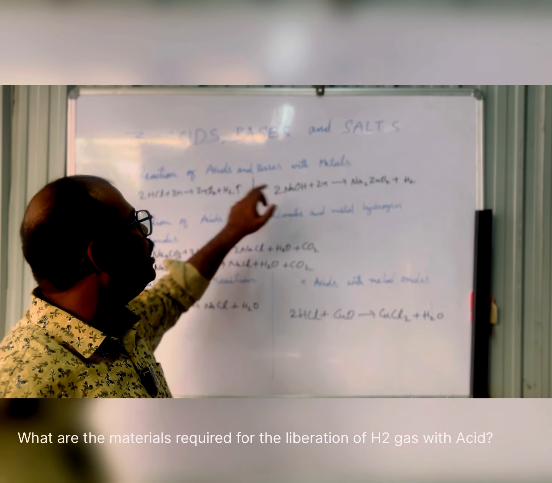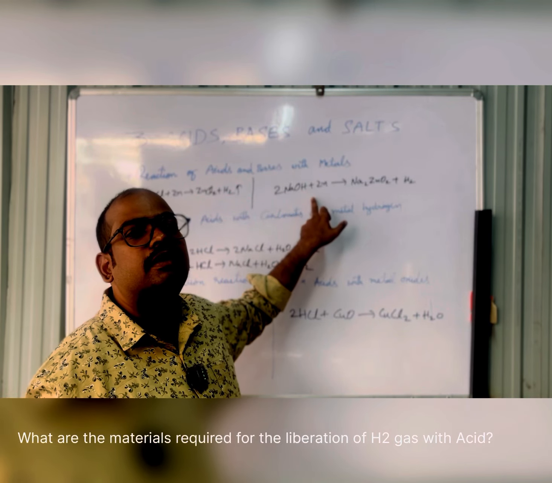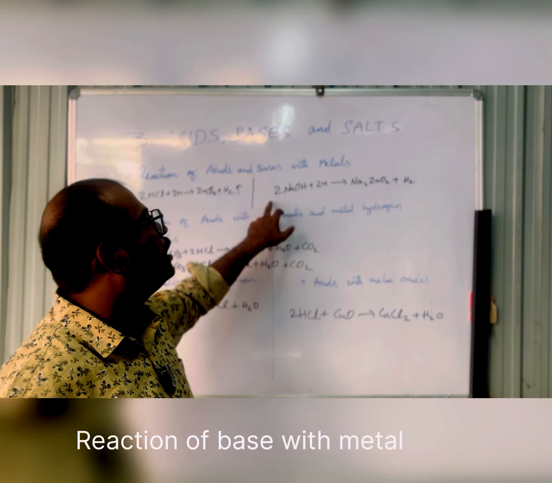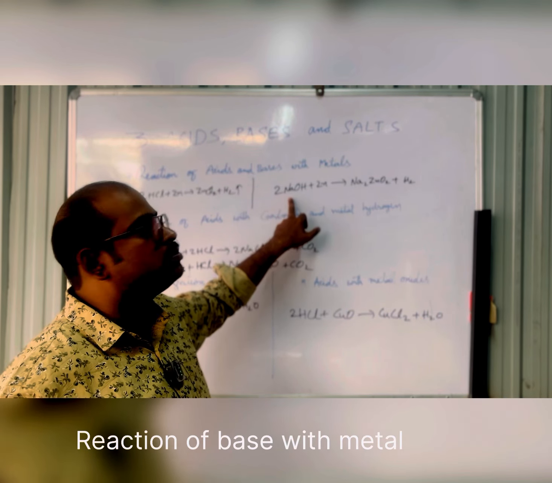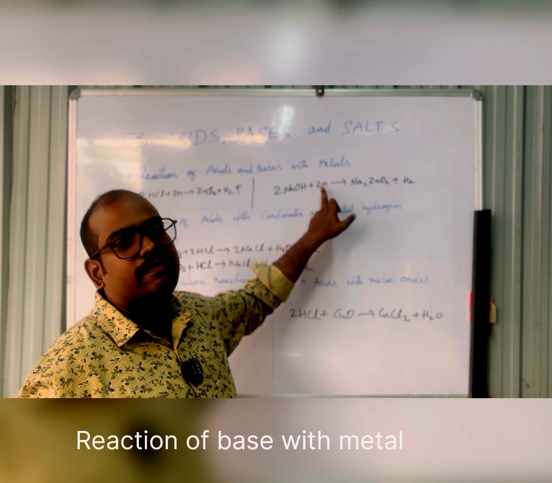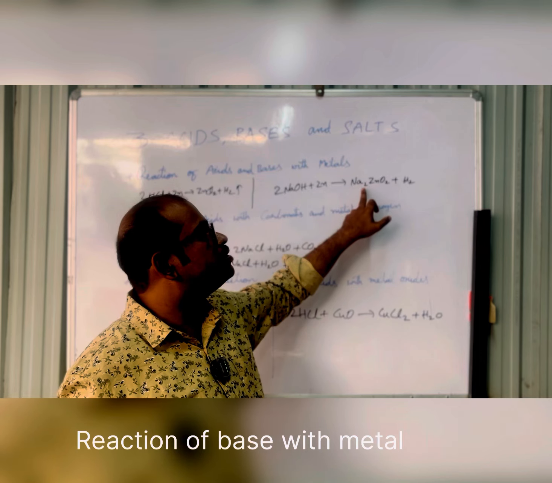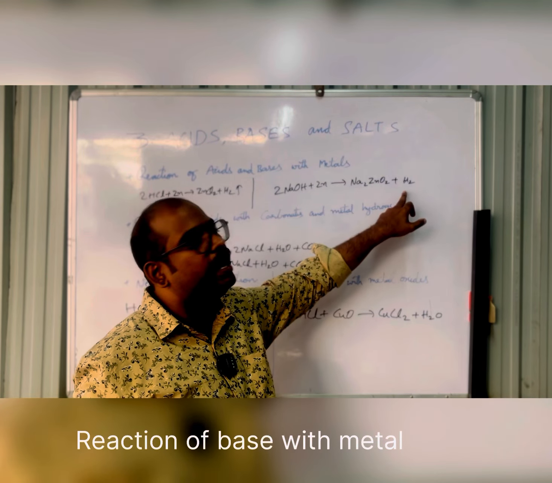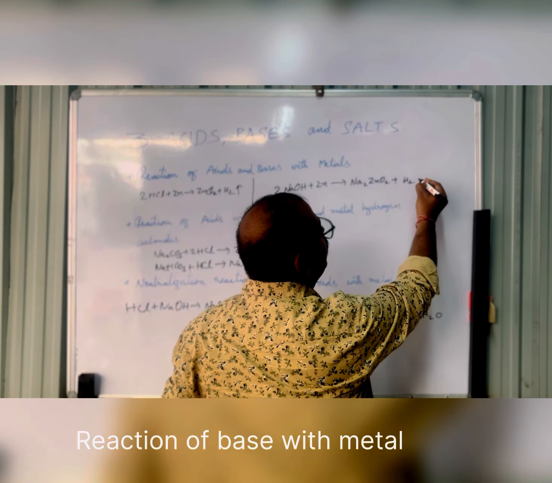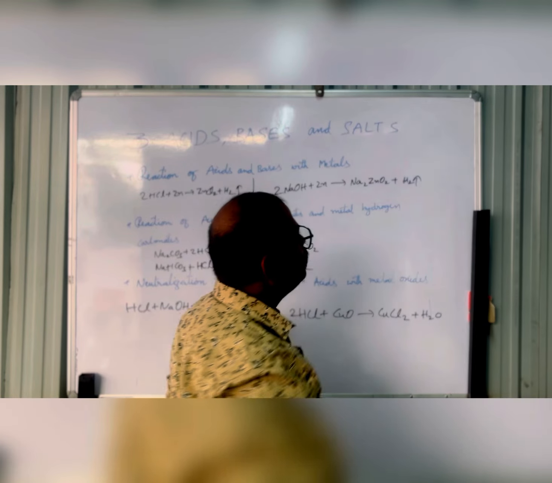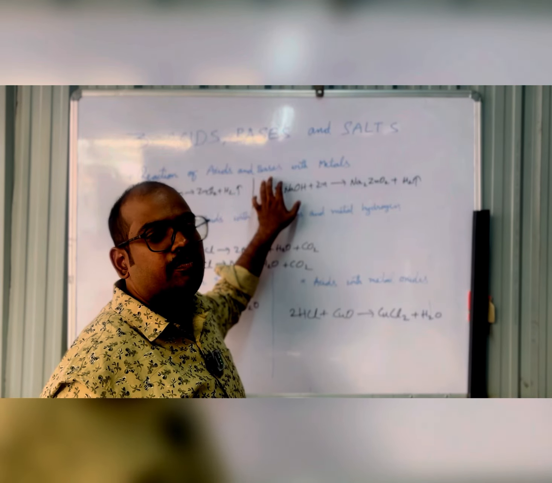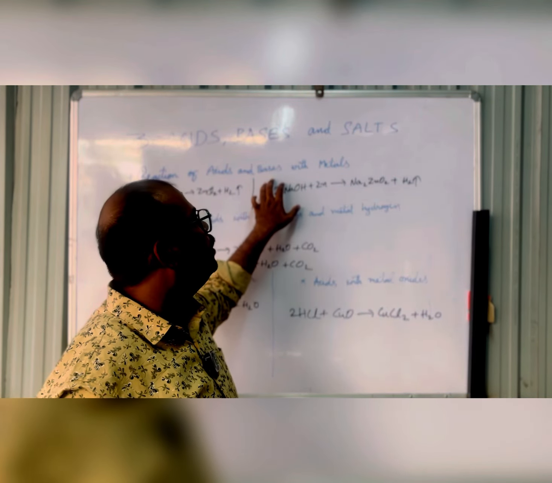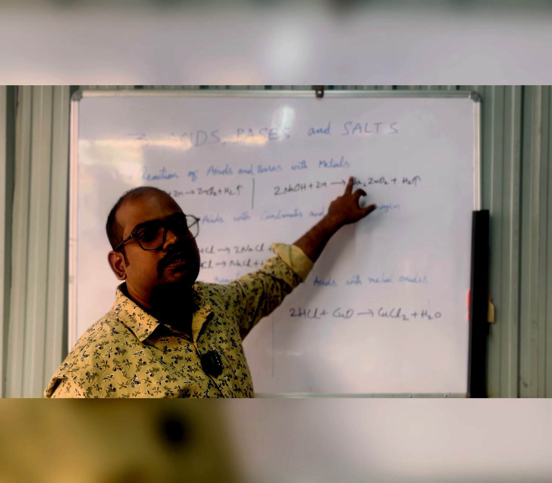Similarly, reaction of base with metal. Here we are taking NaOH, sodium hydroxide, reacting with the zinc metal to give sodium zincate and hydrogen gas. So here also hydrogen gas is evolved. This is one of the first important reactions, where we are discussing the reaction with metals.